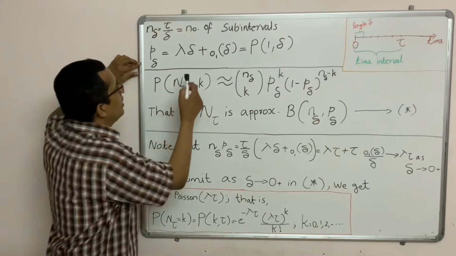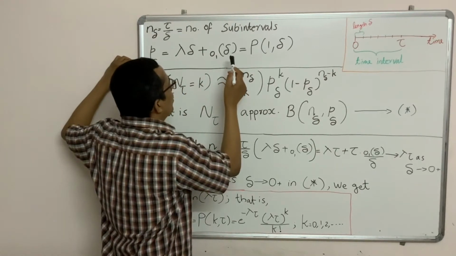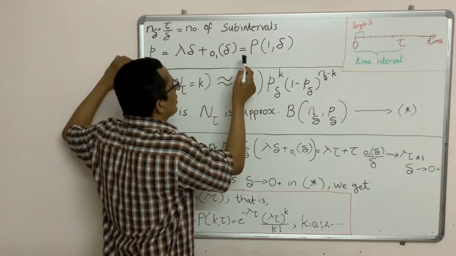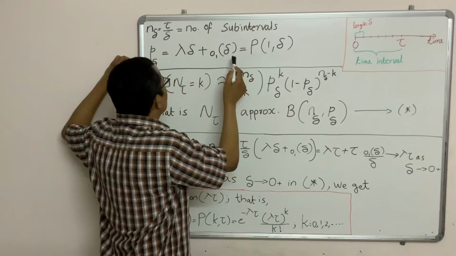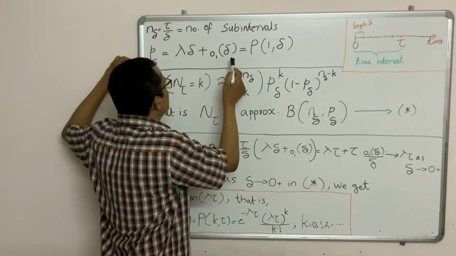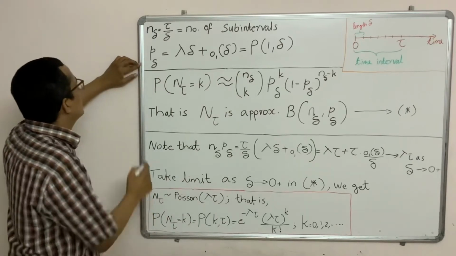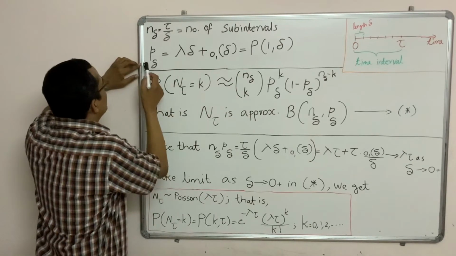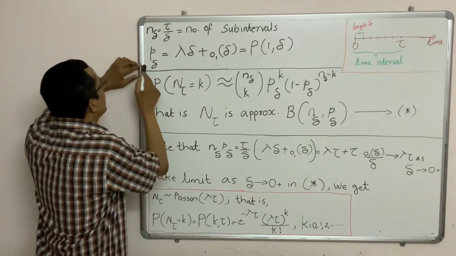The probability P_1(delta) of exactly one arrival in one subinterval of length delta, according to Bernoulli process property 3(c), let us call it p_delta.